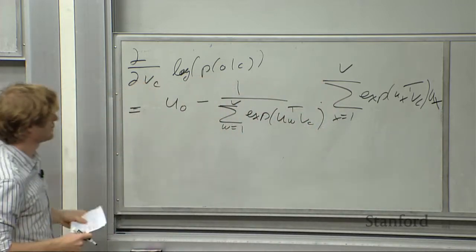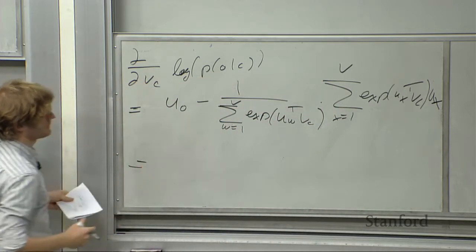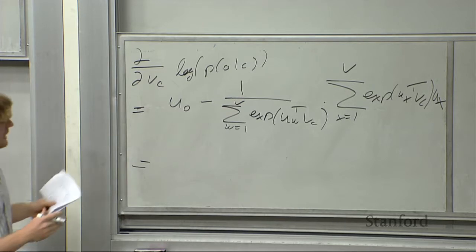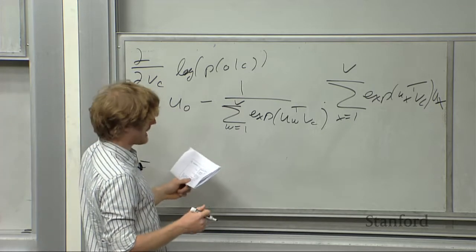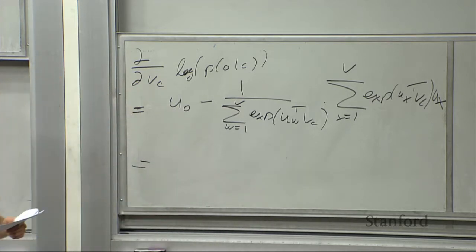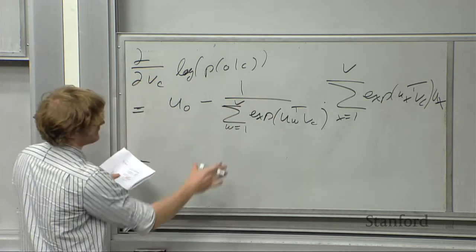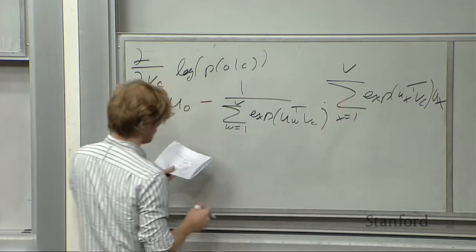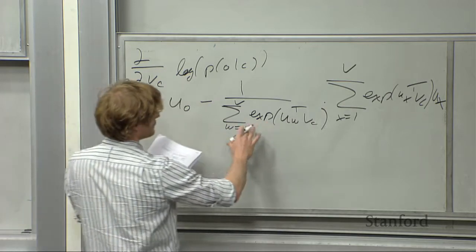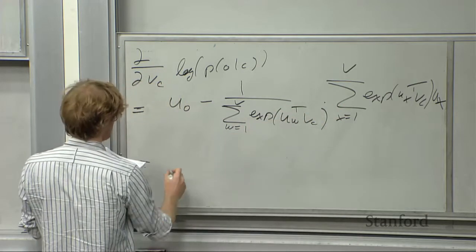All right, so what can we do now to basically try to see and maybe bring back that softmax and the probabilities? Well, this one is essentially a number that we can pull into this sum. So we can distribute that term into all of these terms.